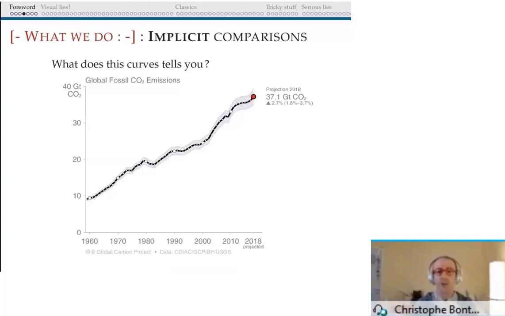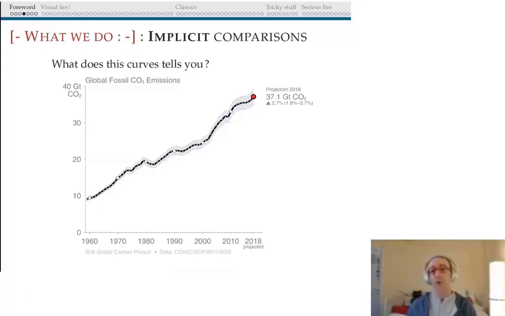For example, this curve tells you that the global fossil CO2 emission is growing over time. You have time here on the horizontal axis and the CO2 emission on the vertical axis. You see immediately that the curve is growing. So you implicitly compare the fact that there's nothing, it's flat, versus there is something, oh yes, it's increasing. So you do some implicit comparison.